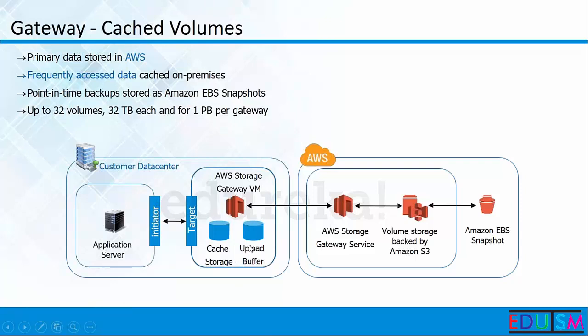The upload buffer will upload the entire data on Amazon S3, and the cache storage will keep the frequently accessed data. Then in the AWS environment, we have the AWS Storage Gateway service running hand in hand with EBS volumes that we can create on the fly on Amazon S3, and we can also take snapshots of that.